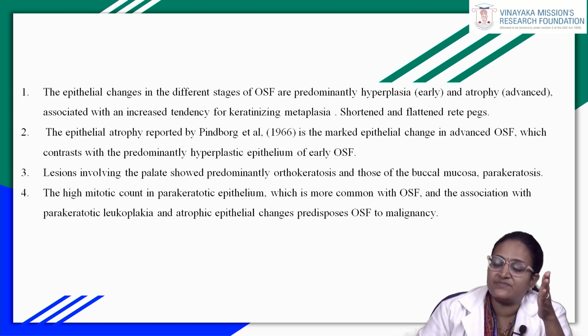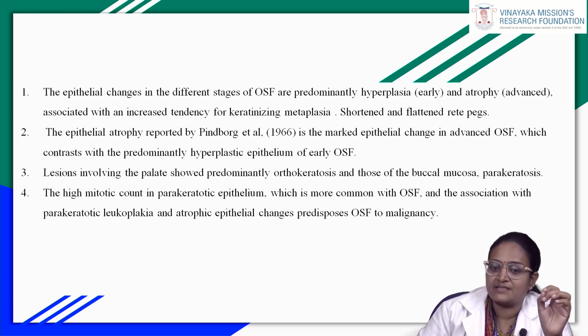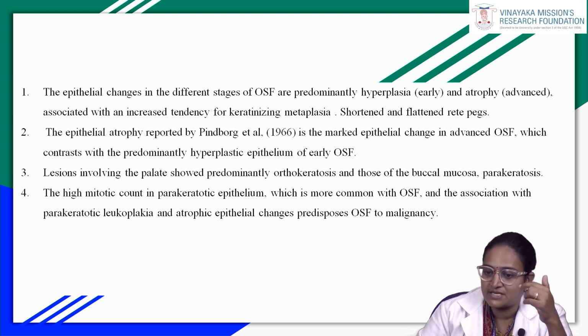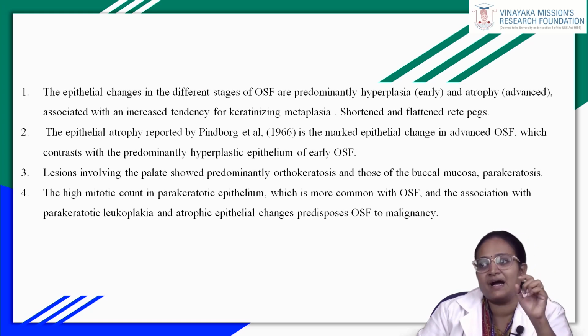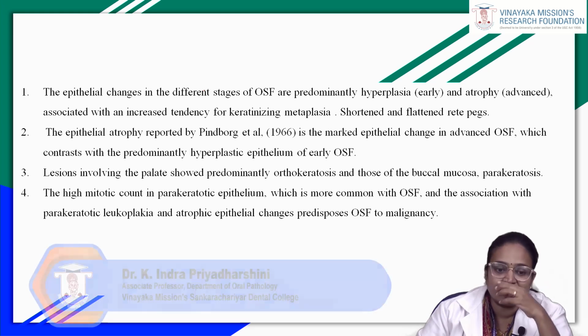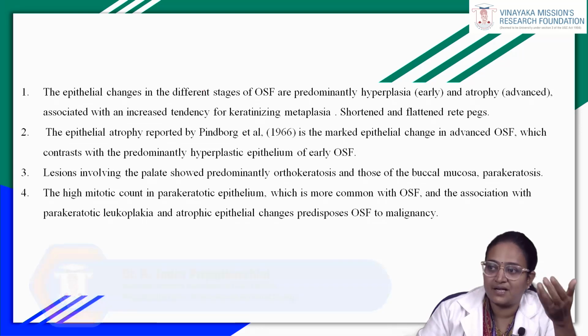It is associated with increased keratinized metaplasia, that is, shortened and flattened rete ridges. Pindborg in 1966 noted the epithelial changes in advanced oral submucous fibrosis cases, which contrast with the predominantly hyperplastic epithelium of early oral squamous cell carcinoma. Also, in a few advanced cases, the buccal mucosa is involved.